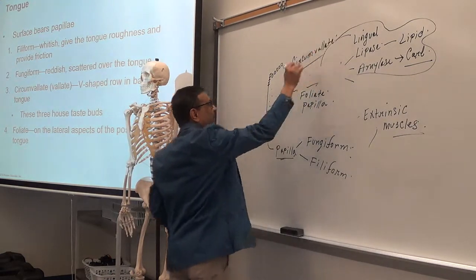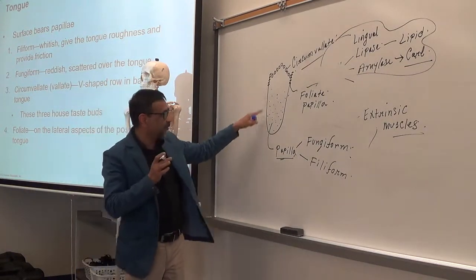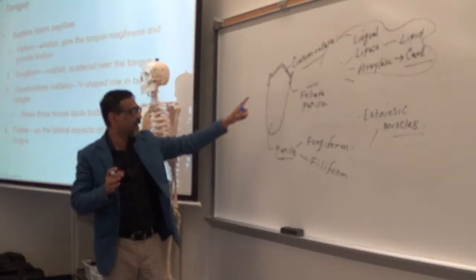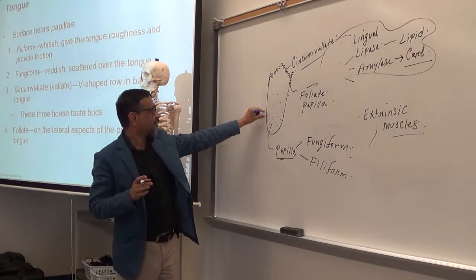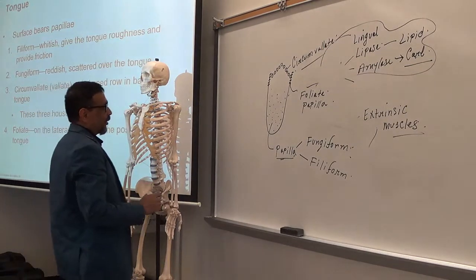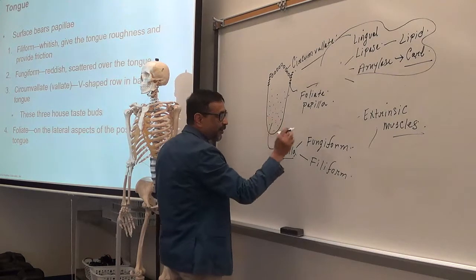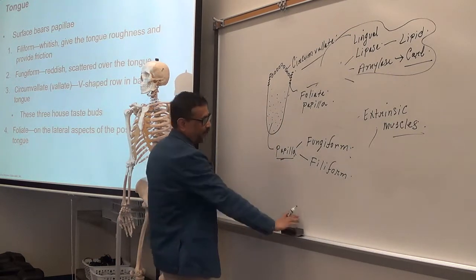Circumvallate papilla. So you see 4 different types of papilla. They are located in different locations in the tongue, and their size and shape are different. Now, inside the papilla, you have taste buds.